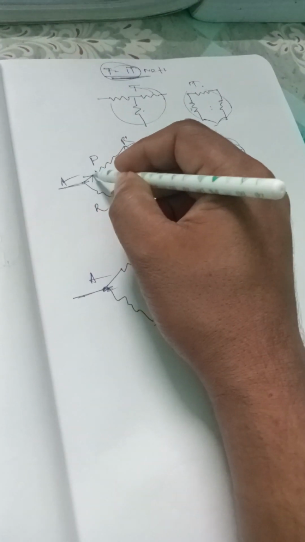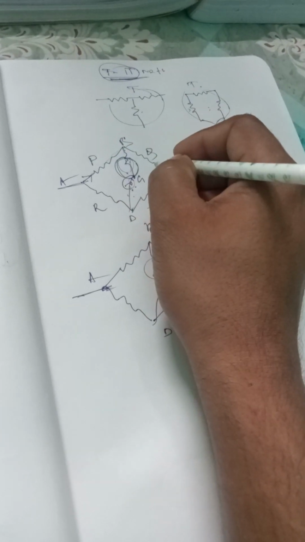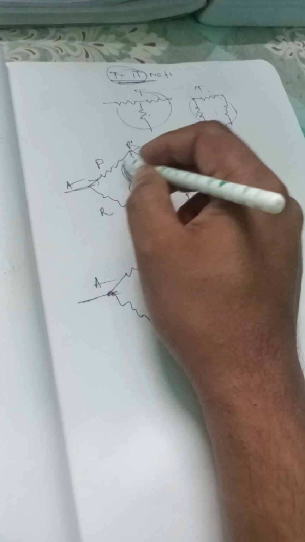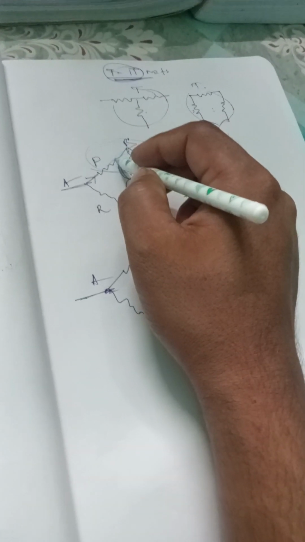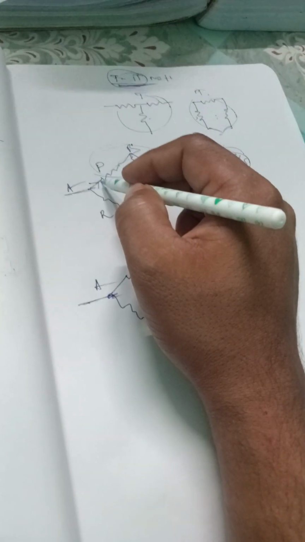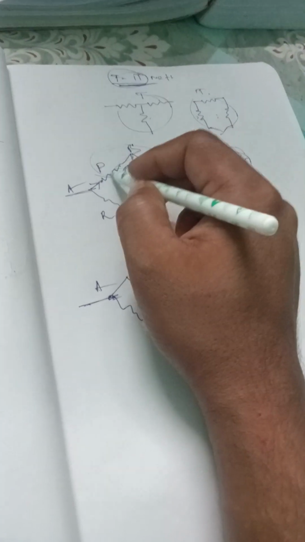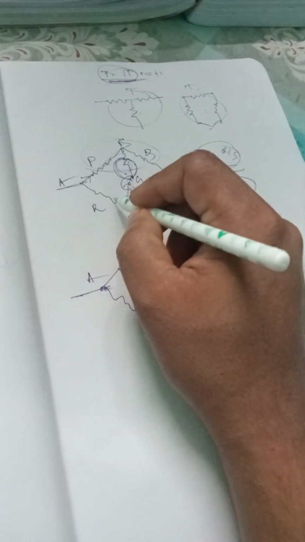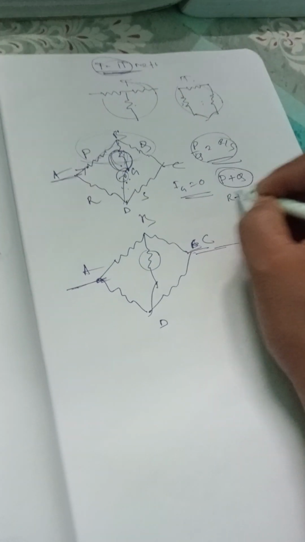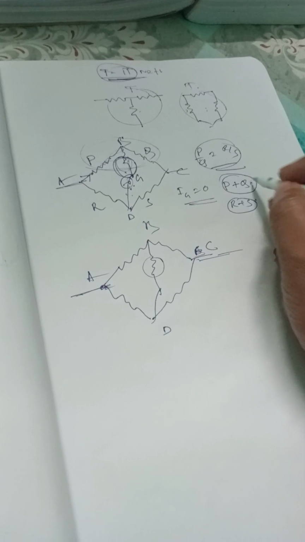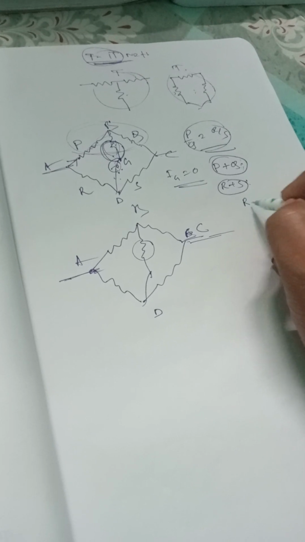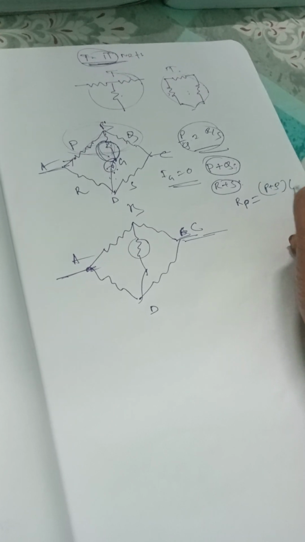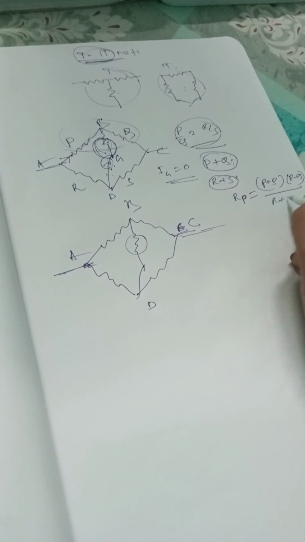The current flows directly through P and Q, and there is no branching between these two resistors, so the same current flows through both. In the lower half, R and S are also in series. So the series equivalents are P plus Q and R plus S, and these two are in parallel. The parallel equivalent is (P plus Q) into (R plus S) divided by P plus Q plus R plus S.